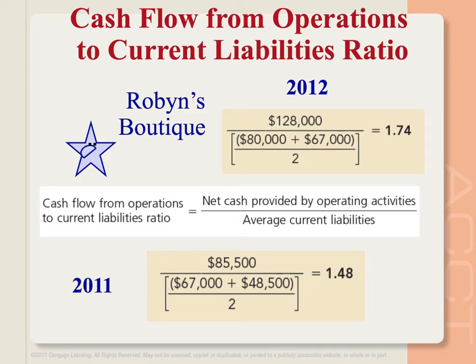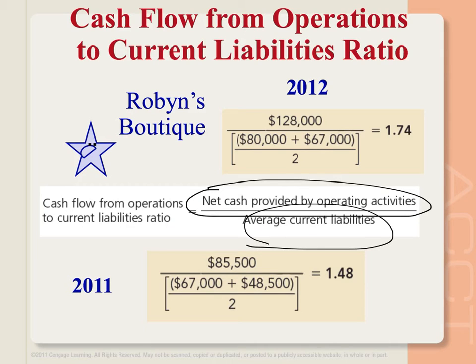For these reasons, the amount of cash flow from operations is sometimes used as the numerator in the ratio. And you would get this from the statement of cash flows, which we're going to be doing here in the next couple weeks. And you also take the current liabilities, but we take the average current liabilities.